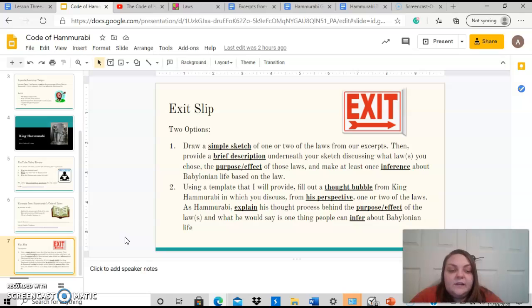So basically, they'll choose 1 or 2 laws, just like in the first choice that they can do. And as Hammurabi, they will explain his thought processes, why he wanted this law, the purpose and effect of it, and what they think he would say people would infer about Babylonians because of that law.